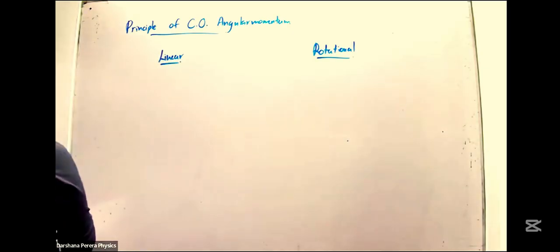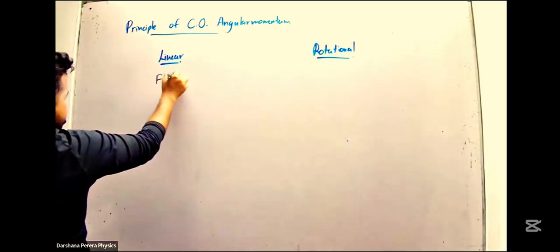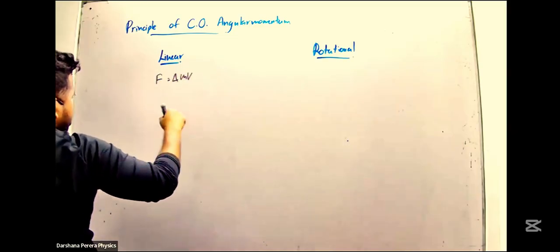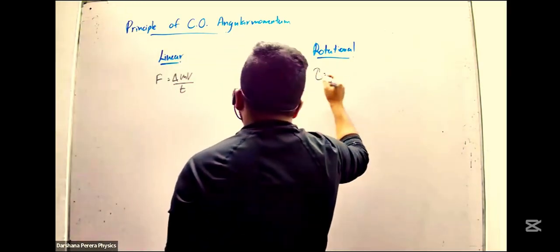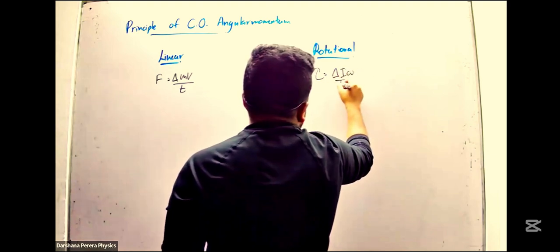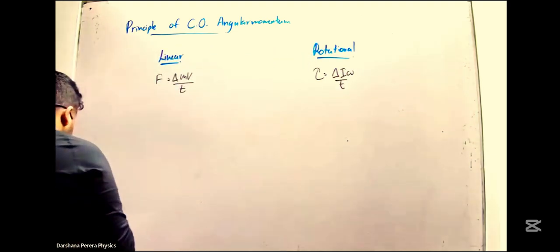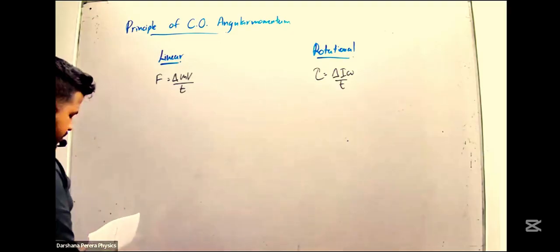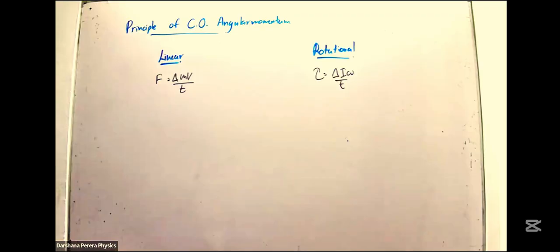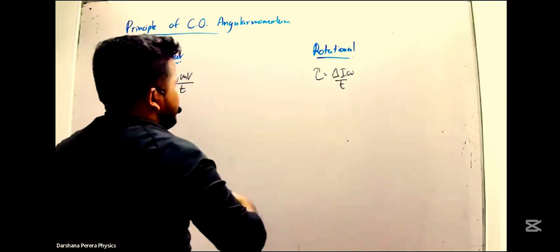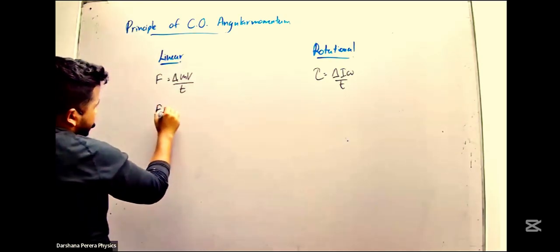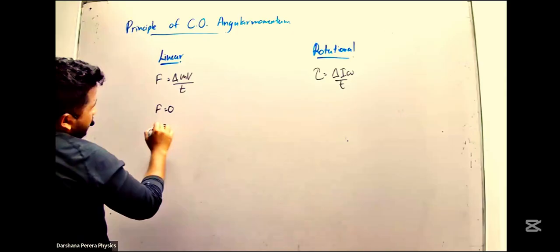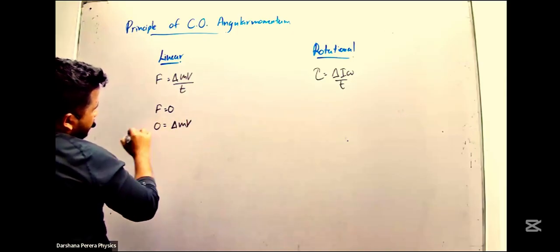In linear motion, we know F equals delta mv over t. In rotation, tau equals delta I omega over t. If there is no external force, F equals 0, so delta mv equals 0.